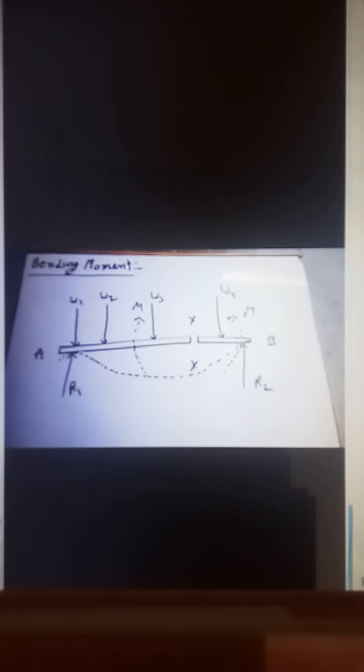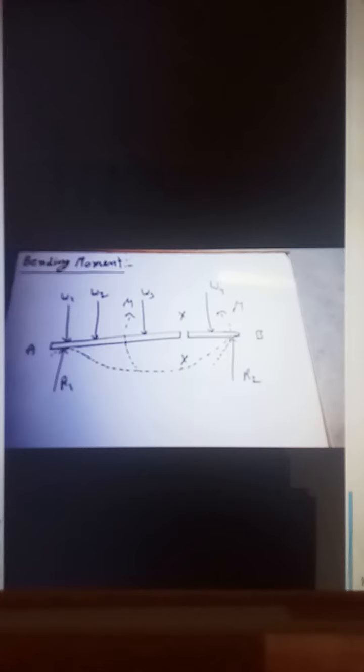And if the bending moment causes convexity upward, that is taken as the negative bending moment and is called hogging bending moment.